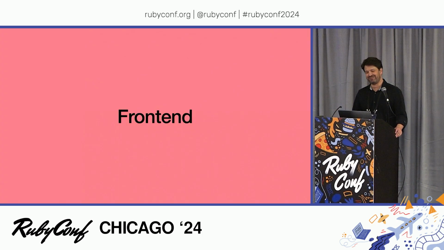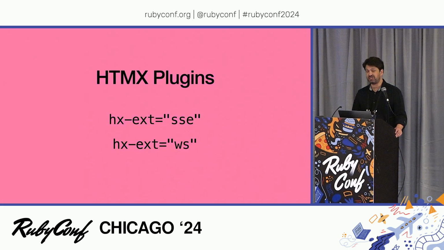So let's look at a little demo. The front end code here is going to be HTMX. I'm just doing this so I don't have to write any JavaScript. But you could instead use some of the many other libraries that help us get here, like Unpoly, et cetera. I'm also going to use a little extension for HTMX called SSE and WebSocket.